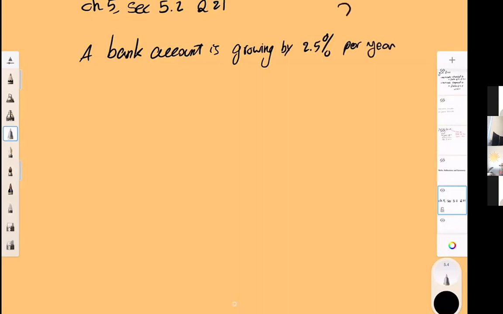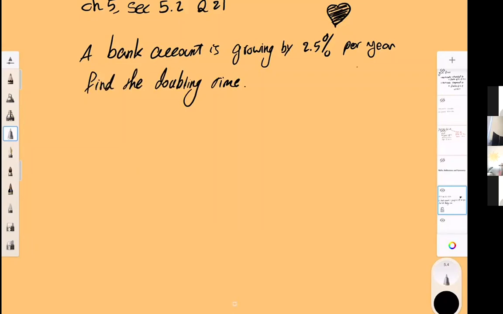I know most of you don't like this type of question, but as I said earlier, you should write a good note for yourself on how we solve it. They're asking us to find the doubling time, rounded to the nearest integer.